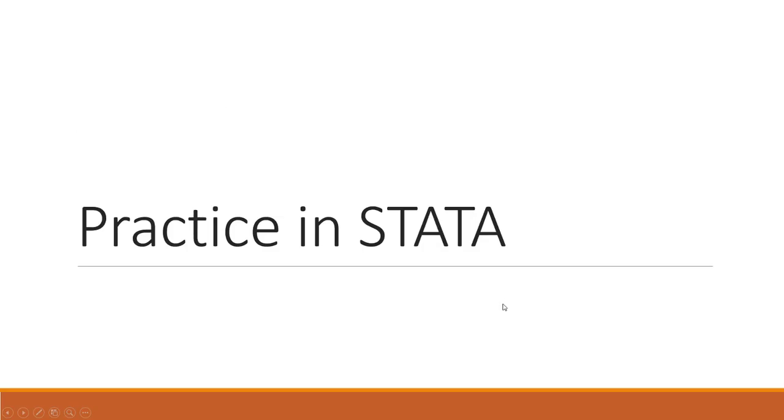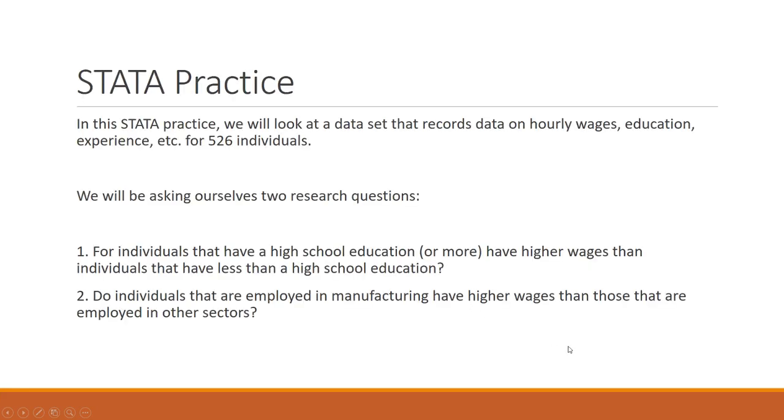All right, we're going to practice this in Stata. We're going to use the same data set we mentioned before. This is the data set that has data on hourly wages, education, and experience. And we're going to ask ourselves two questions in this Stata practice.